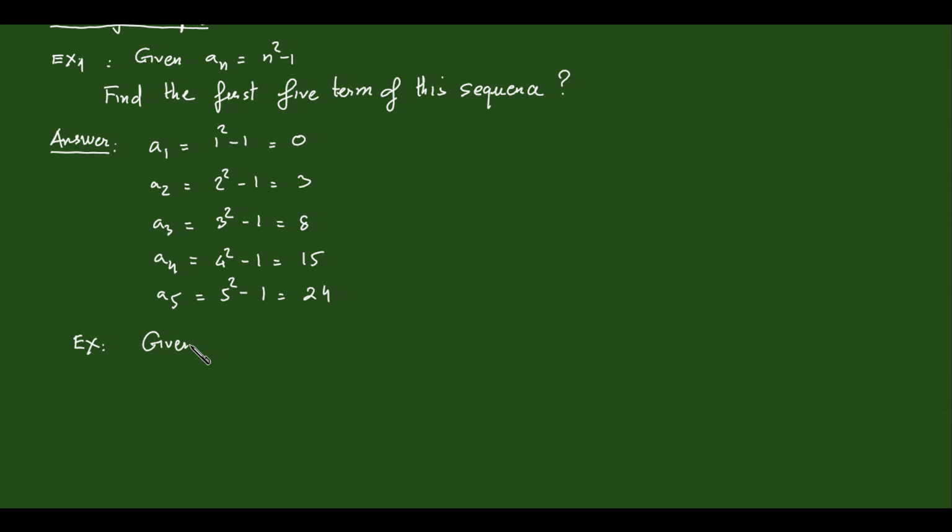Given a1 equal 1 and a sub n equal to 3 times a sub n minus 1 plus 2. a sub n minus 1 means the term preceding the a sub n term. Again, find the first 5 terms of this sequence.